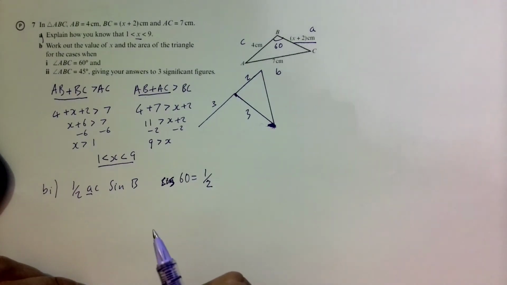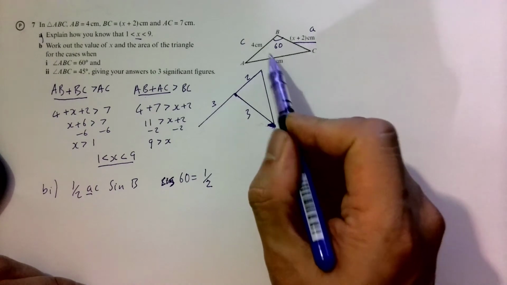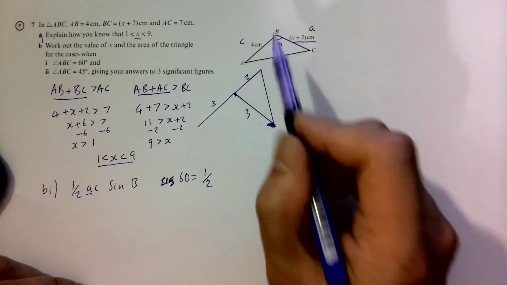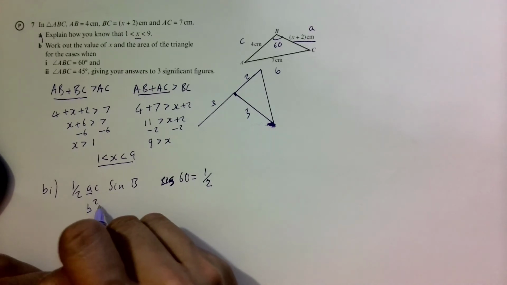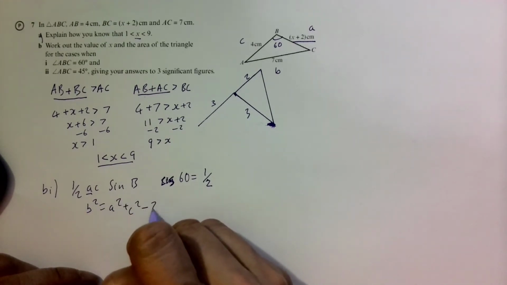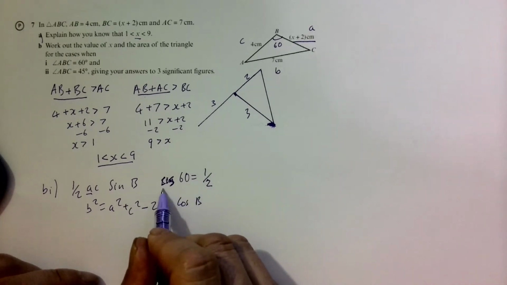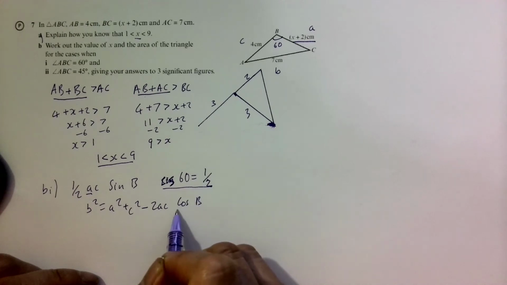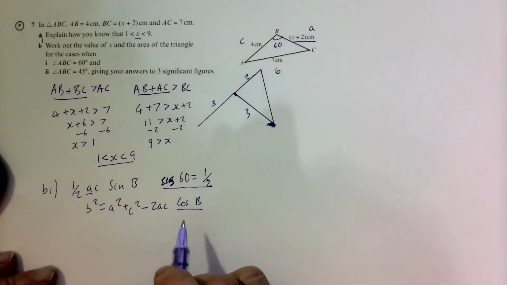We don't know what x is, but we have two sides and an angle, so we can use the cosine rule of b squared equals a squared plus c squared minus 2ac cos b. Now cos 60 equals a half is going to help us simplify this here, because b is 60.